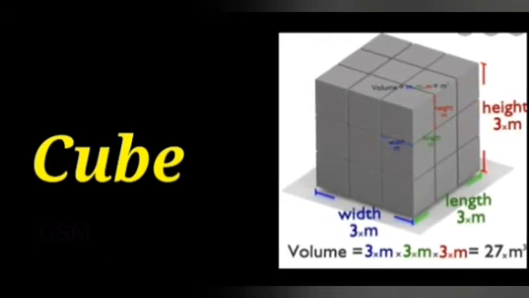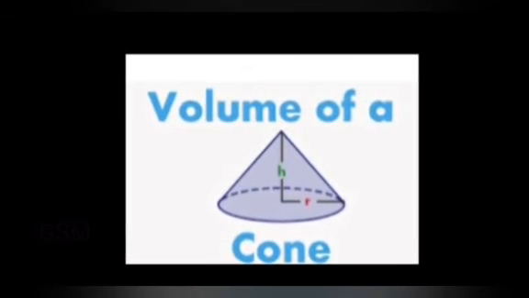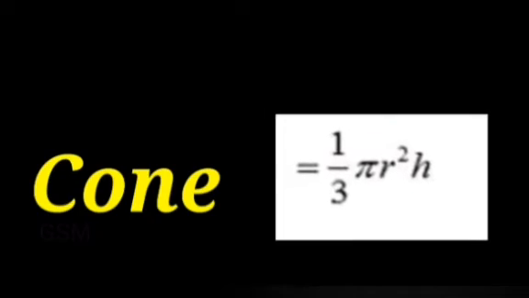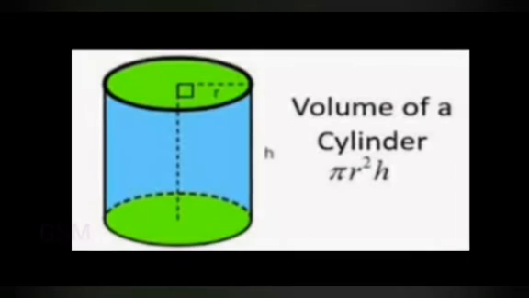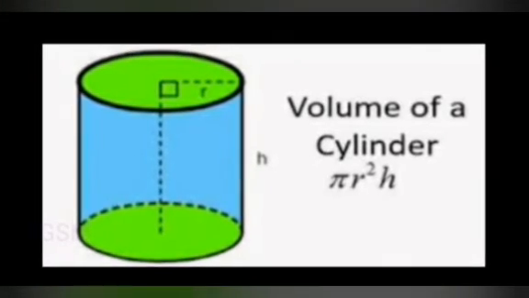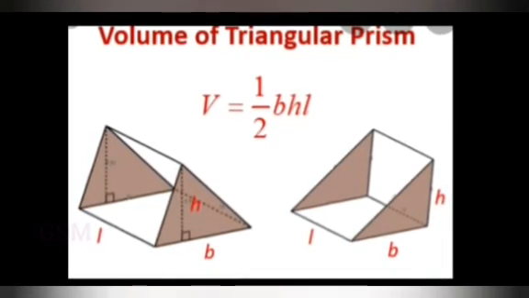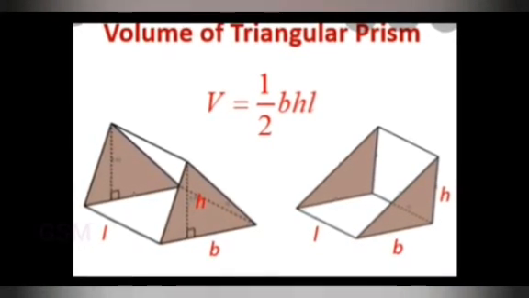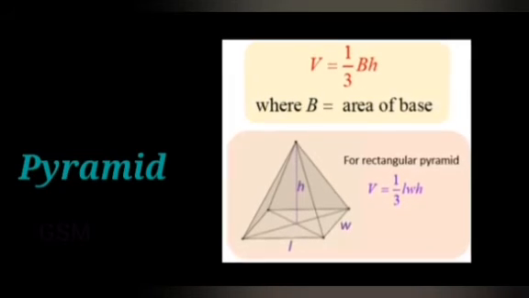The next 3D shape is the cone, and the formula for the cone is 1 by 3 pi r squared h. The next is a cylinder. What is the volume of a cylinder? Pi r squared h. And the last one is the triangular pyramid. They have given the volume formula also.